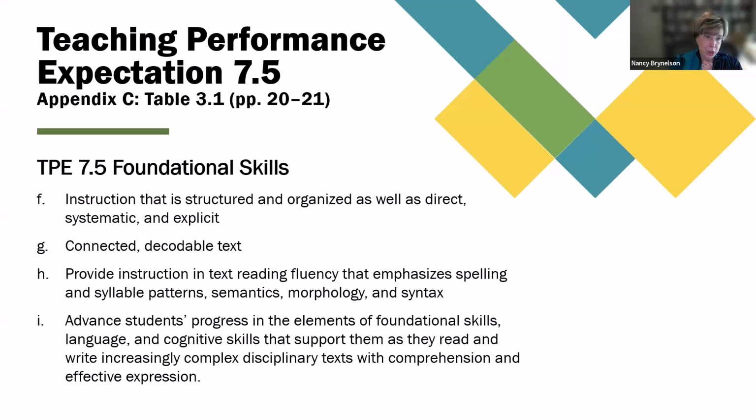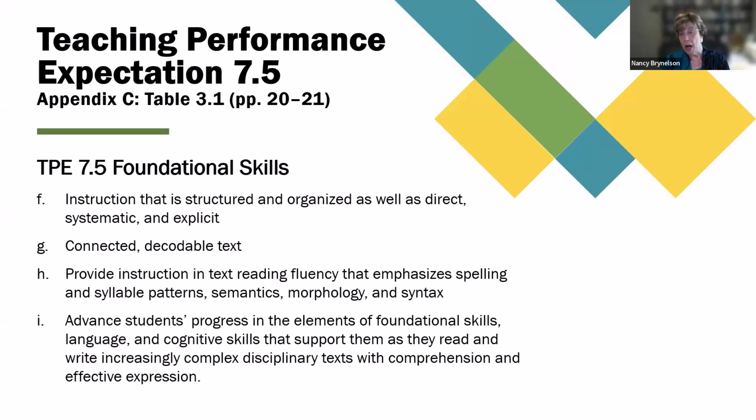And H, providing instruction in text reading fluency that emphasizes spelling and syllable patterns, semantics, morphology, and syntax as a piece of what goes to making a student fluent. So all these things working together to help a student read accurately and fluently, or with sufficient rate and with sufficient expression.